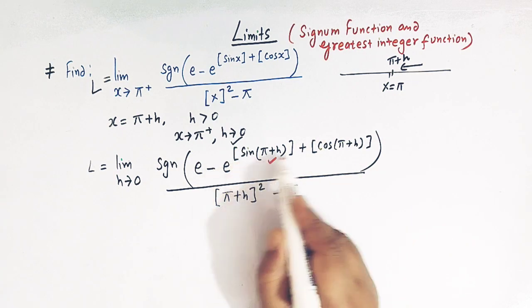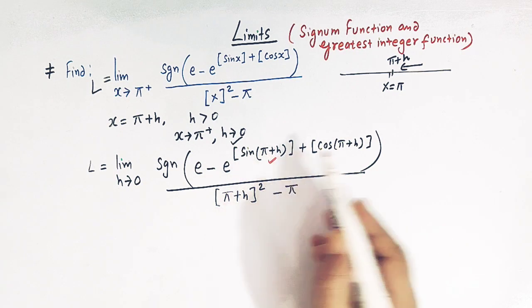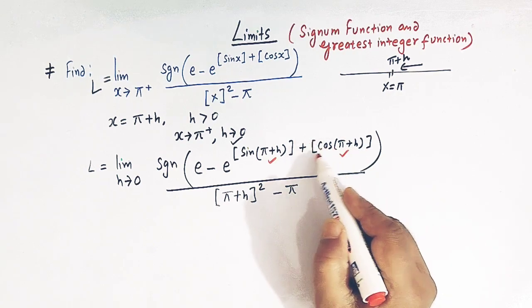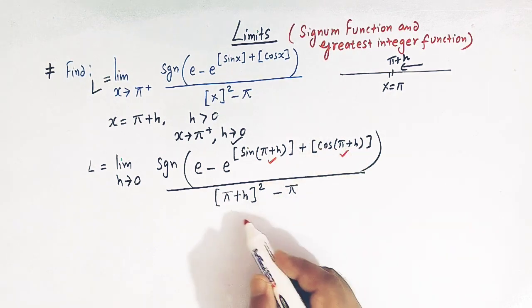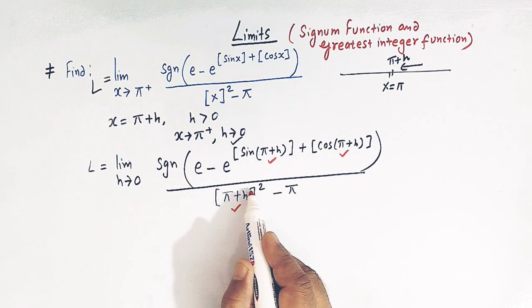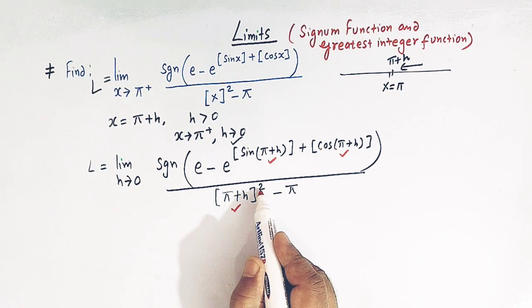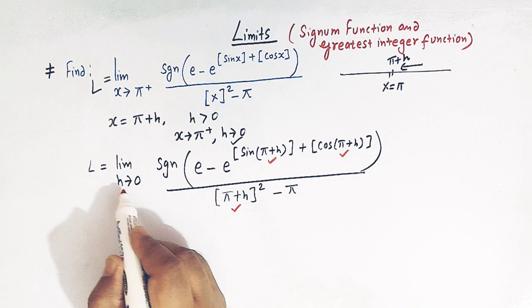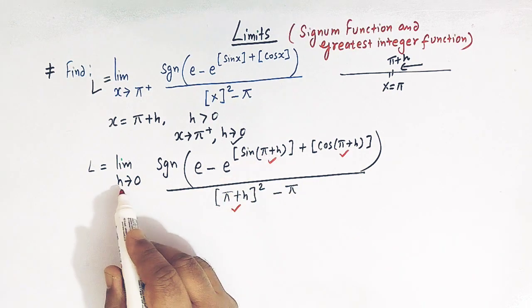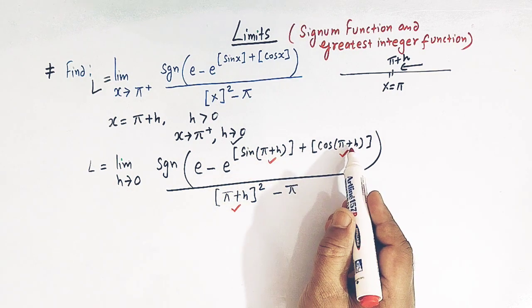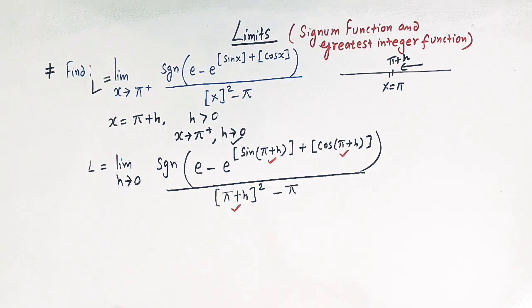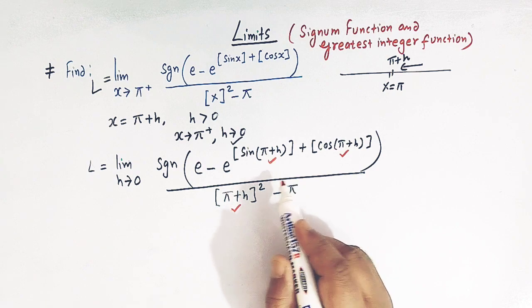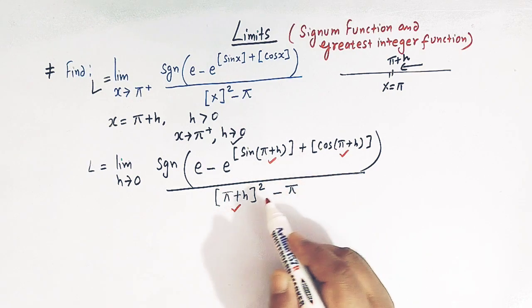The first one is greatest integer of sin of pi plus h. The second one is greatest integer of cos of pi plus h. And the third term is greatest integer of pi plus h, squared. Here we cannot directly substitute h equal to 0 in these three terms, so we'll take help of some trigonometry.